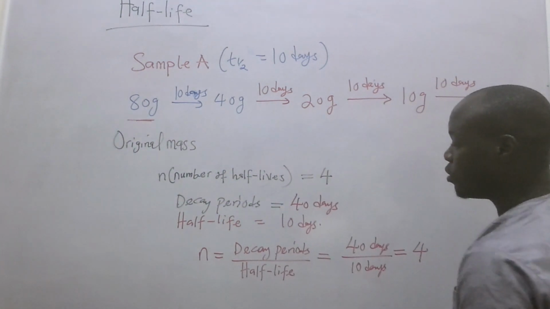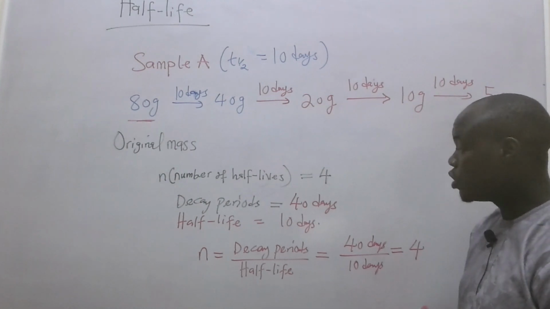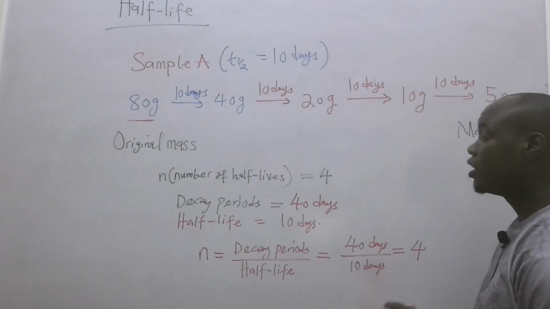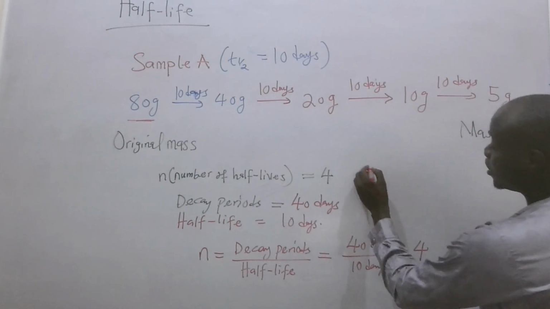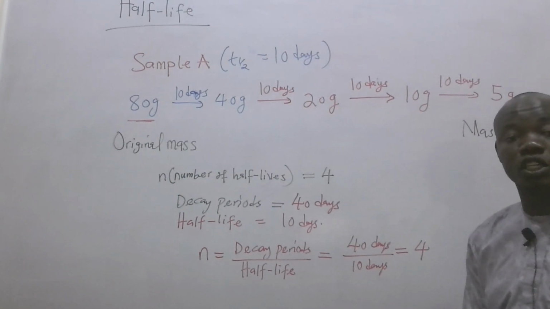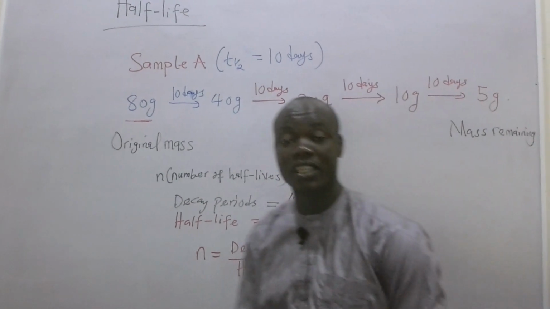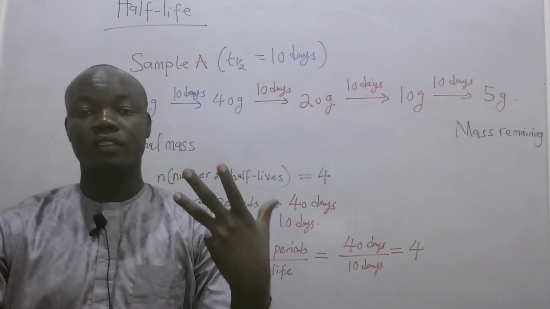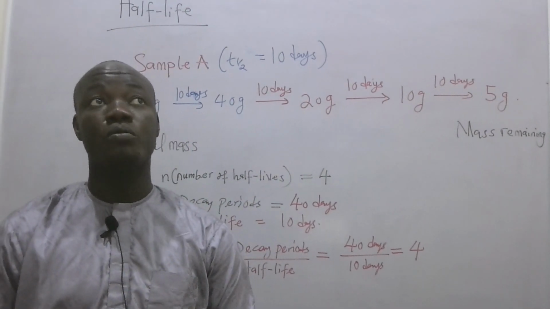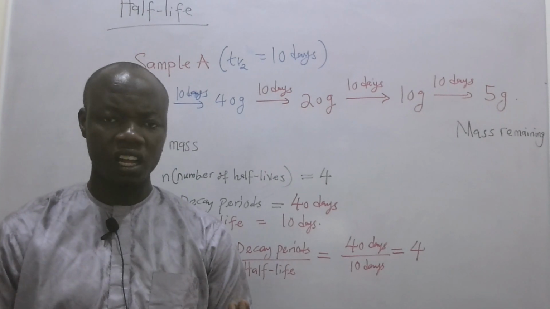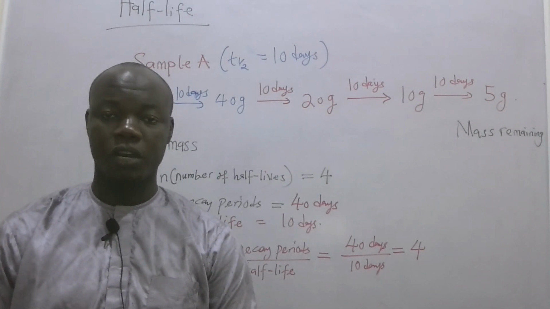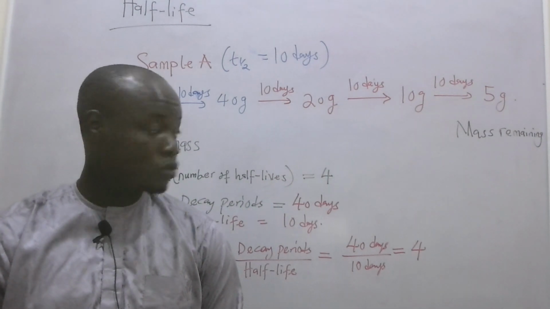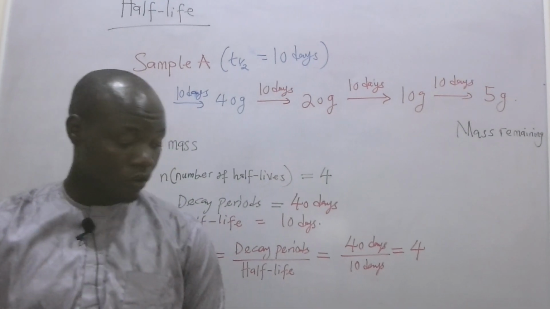So this is one of the important formulas that we use in the calculation of half-life. And we also have another formula for a situation where you will be asked to calculate the fractional remaining. You will be given the half-life and the number of half-lives undergone by the radioactive material, and then you will be asked to calculate the fractional remaining.